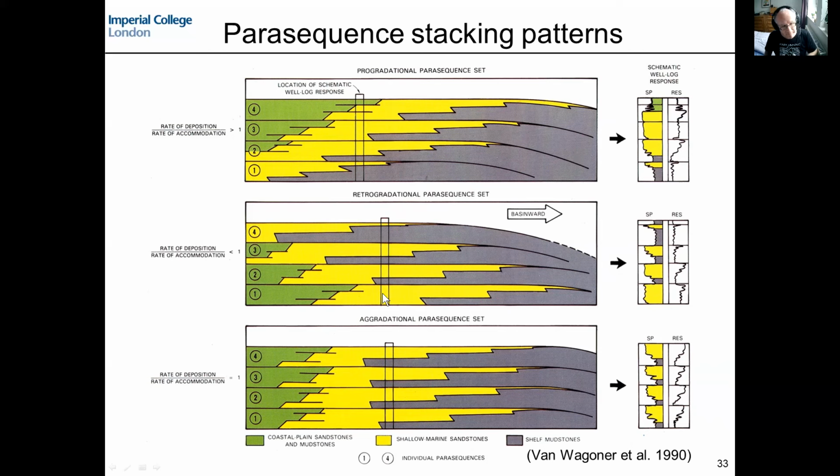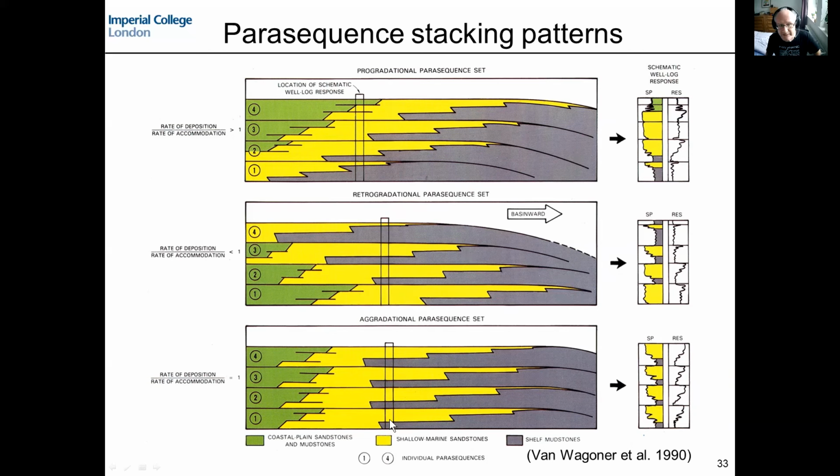In a series of stacked parasequences that record retrogradation or overall transgression, we see the opposite. The parasequence at the bottom records the shallowest water conditions, and as we move upwards, we see progressively deeper water deposits within each parasequence.